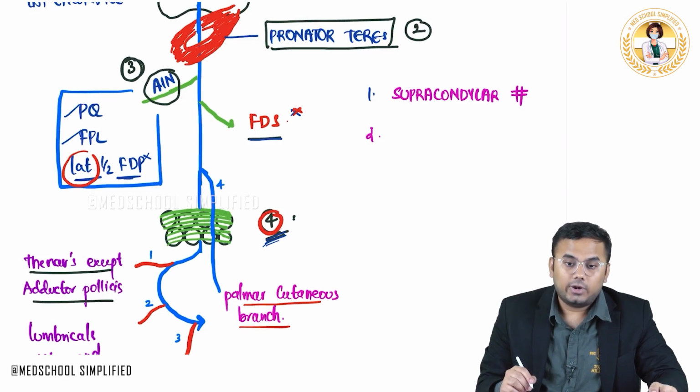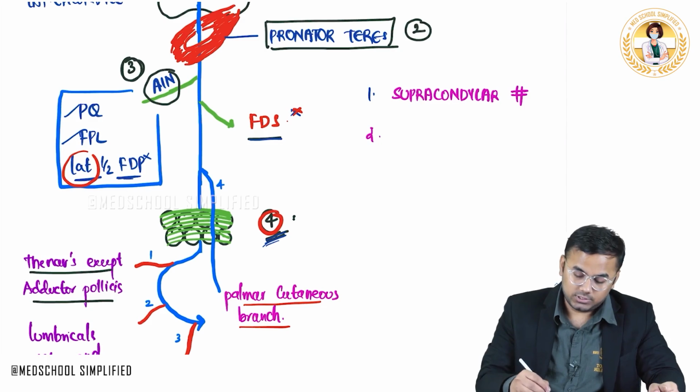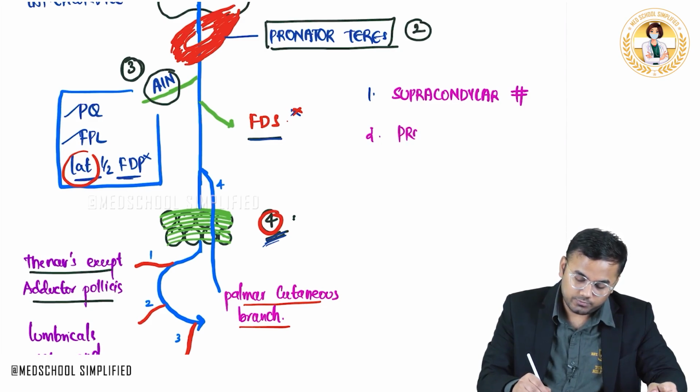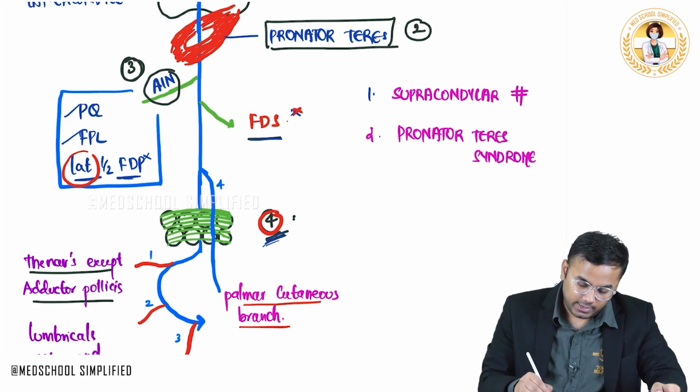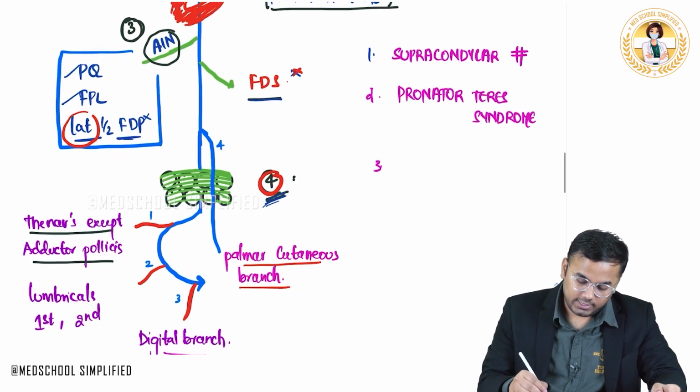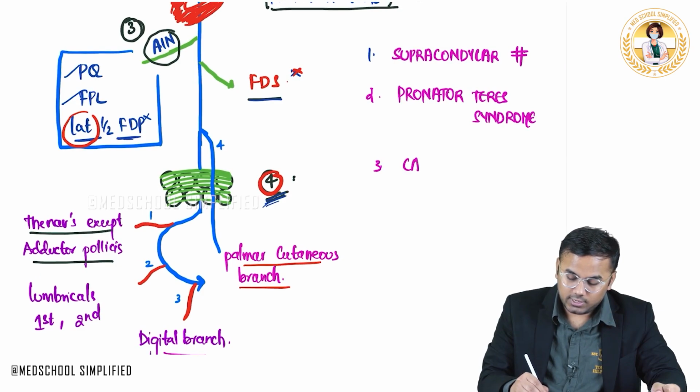Compression, contraction of pronator teres would lead to damage to the median nerve. This is called pronator teres syndrome. Third, there can be injury at the level of the wrist, that is called carpal tunnel syndrome.